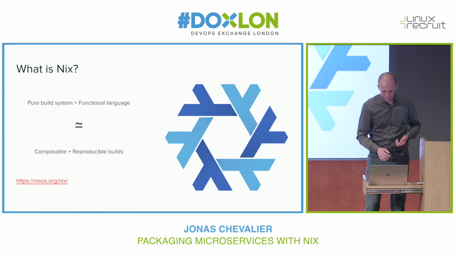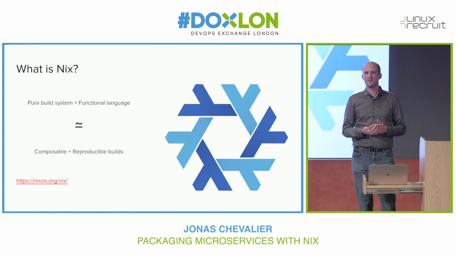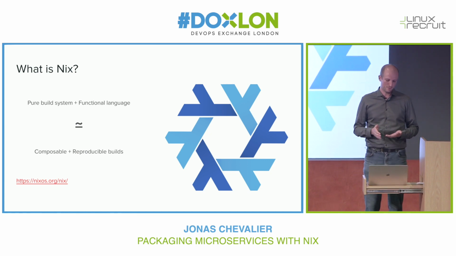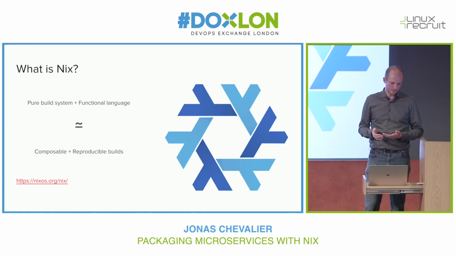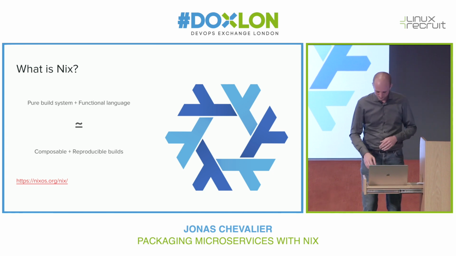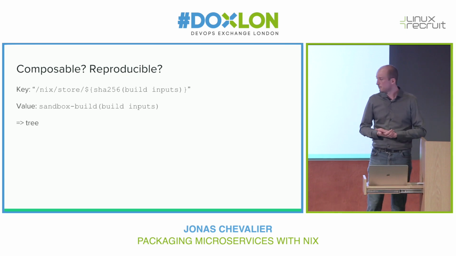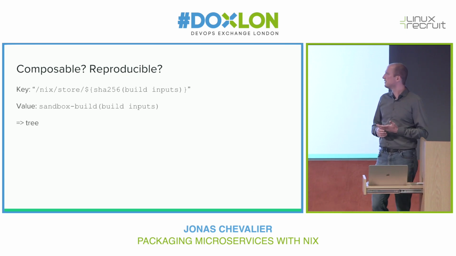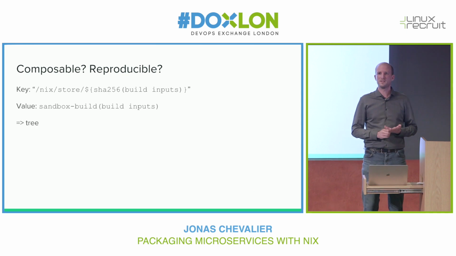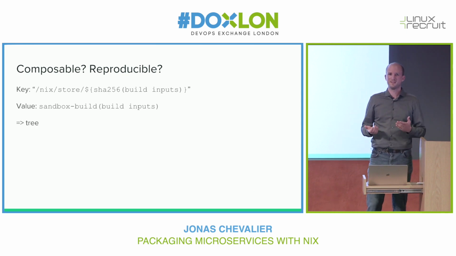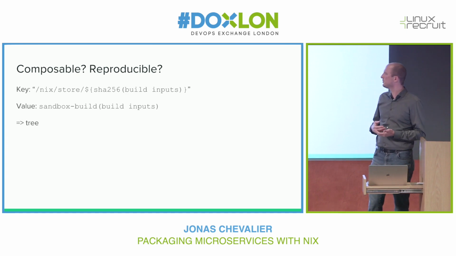But first, so what is Nix? Nix is a build system and a functional package language. And it gives you nice properties, like it's composable and you can have reproducible builds. And so how do you achieve that? In normal build systems, like a makefile, usually all your output is in the project folder, whereas here, it's all going to be inscribed into the Nix store.